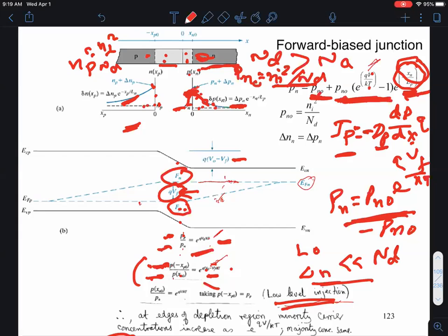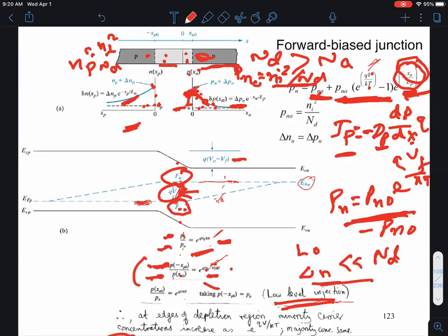Similarly, on the left-hand side, the quasi-Fermi level for holes, EFP, is kind of the same as the Fermi level, okay? And then finally, the separation between them is whatever the applied voltage qV is, okay? And that's what you can measure if you hook up a voltmeter to the two terminals of the PN junction. You don't measure the electrostatic potential alone.